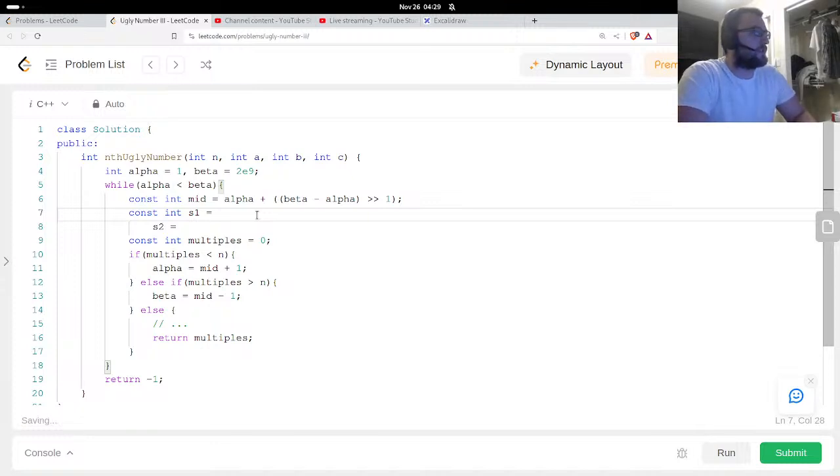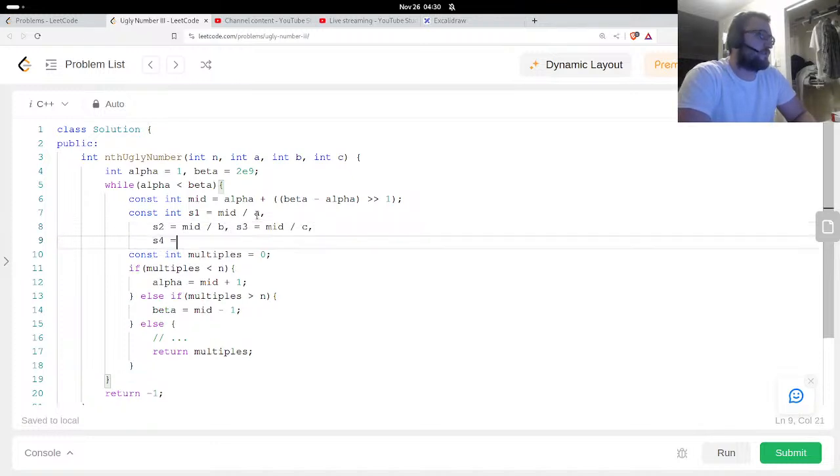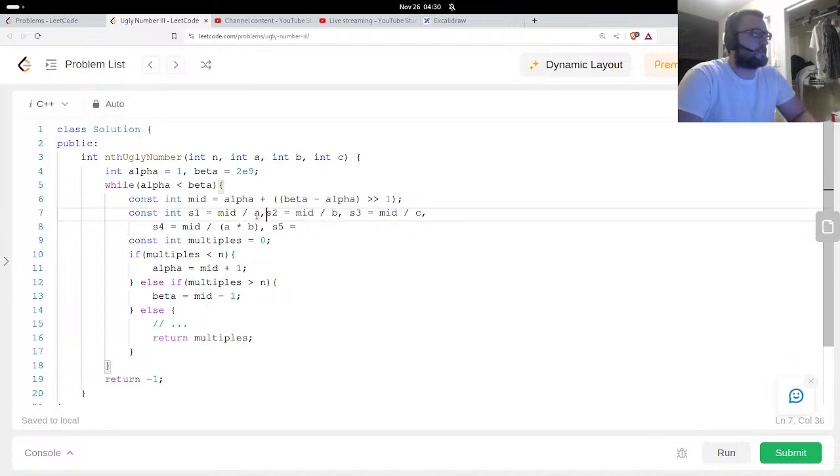So this is going to be mid divided by A. And this is integer division. It gives me the floor. Mid divided by B, mid divided by C. S4 is A times B. Let's even do it this way.